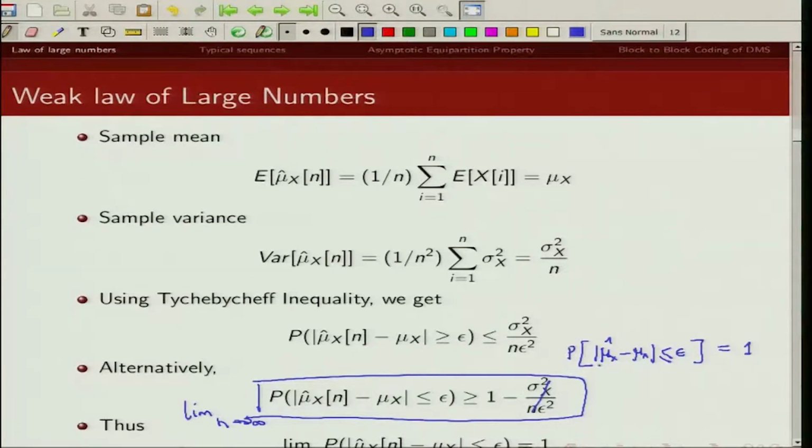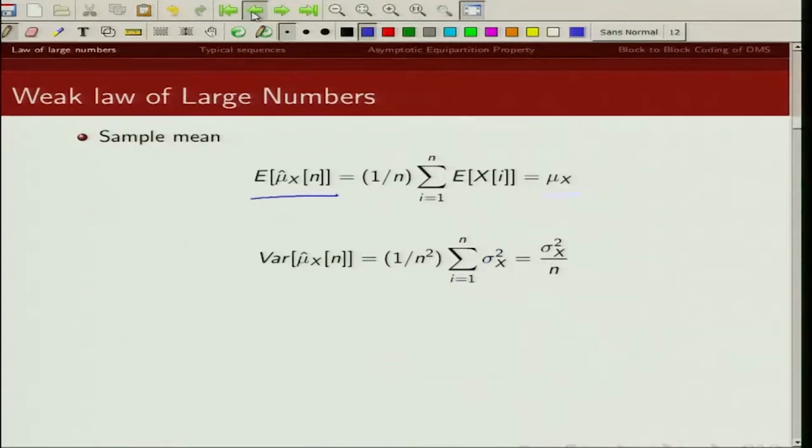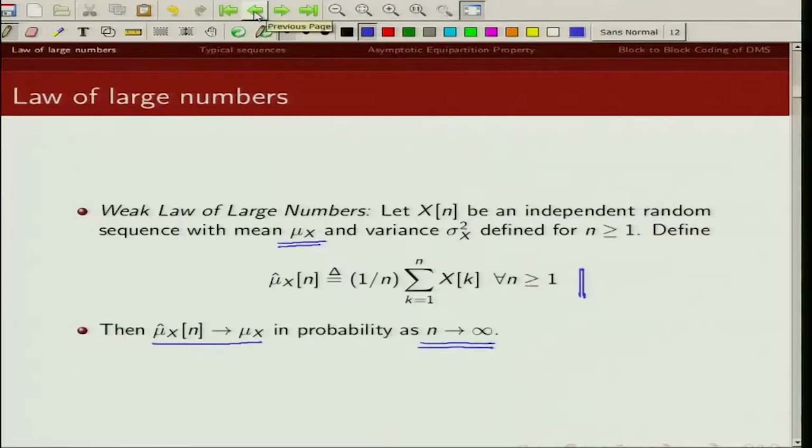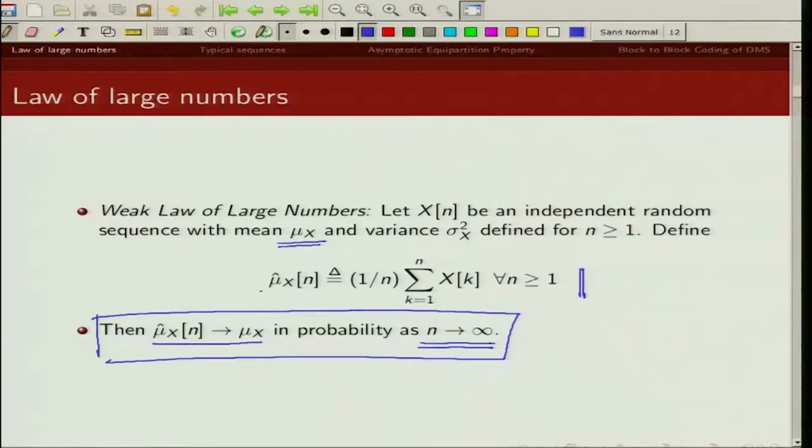So this mu hat of x approaches mu x in probability, it converges in probability. So that's what we said earlier: if we define mu hat of x like this, it converges to mu x in probability as n tends to infinity.